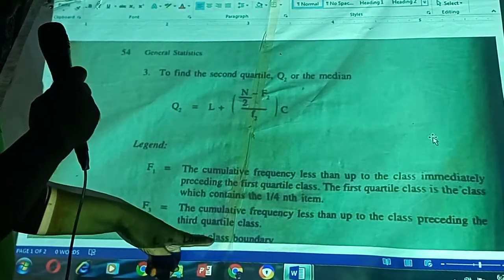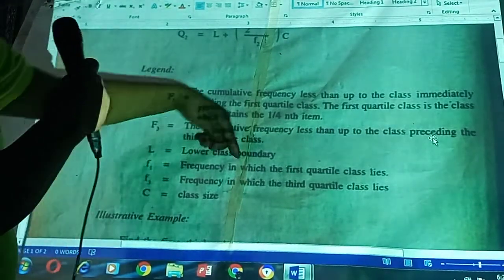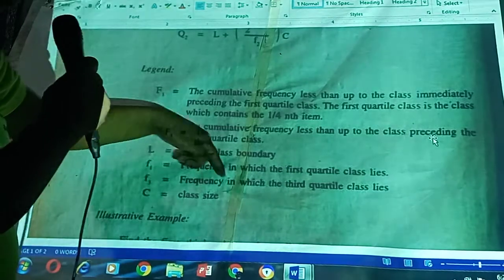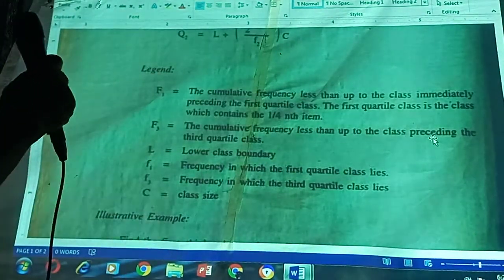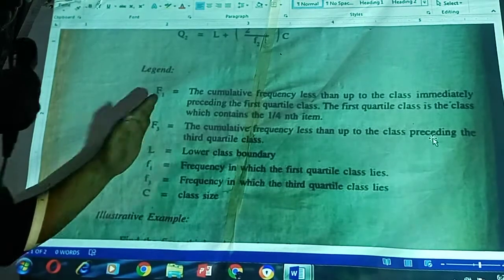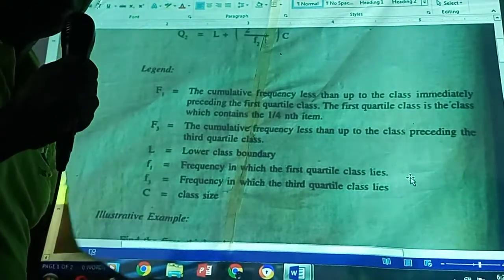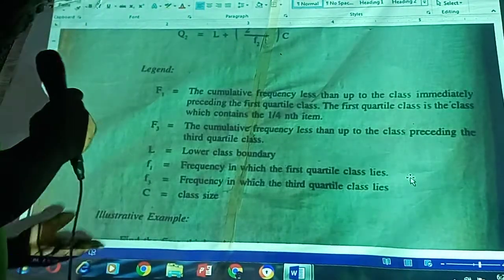L is the lower class boundary. Small f1 is the frequency of the class in which the first quartile lies, small f3 is the frequency of the class in which the third quartile lies, and C is the class size. From this, there is no Q2 formula needed because Q2 is the median, and we already know how to compute the median.